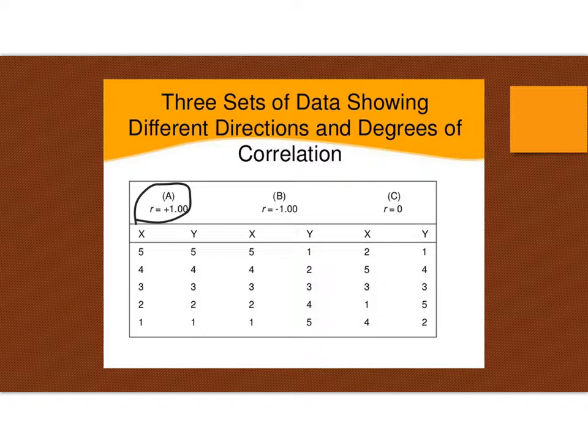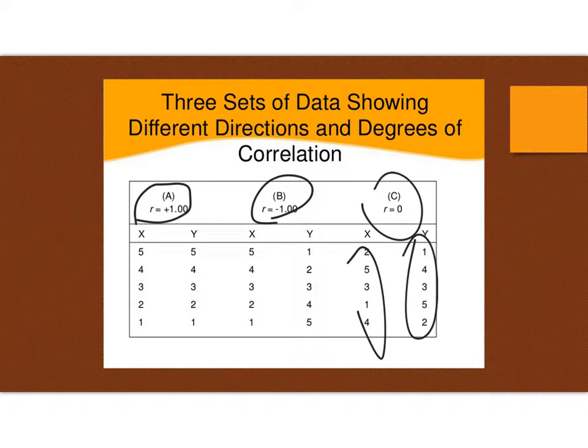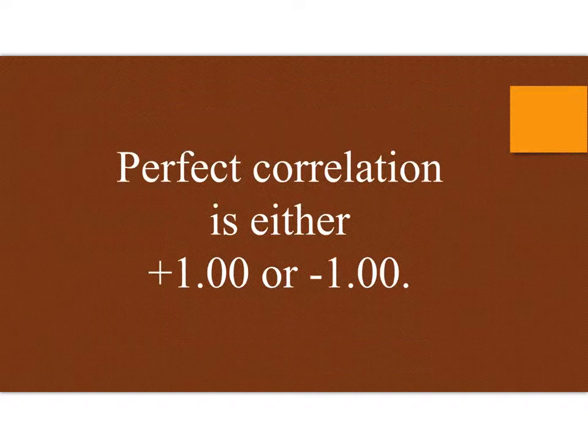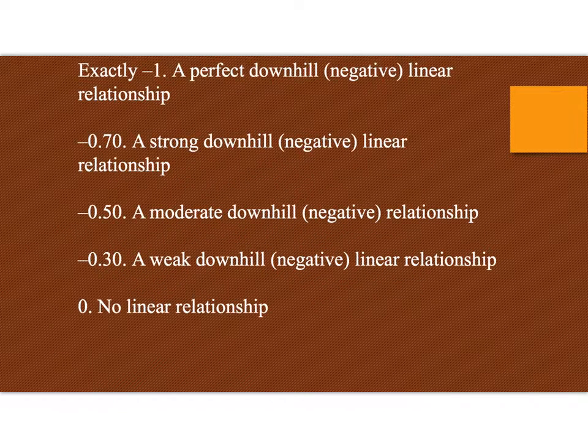Both scores are going up. Negative here. One set of scores goes up and one set of scores goes down. Okay? Then you have a 0 correlation. That's where none of the scores even come close to matching. Again, perfect correlation is either 1.00 or negative 1.00.